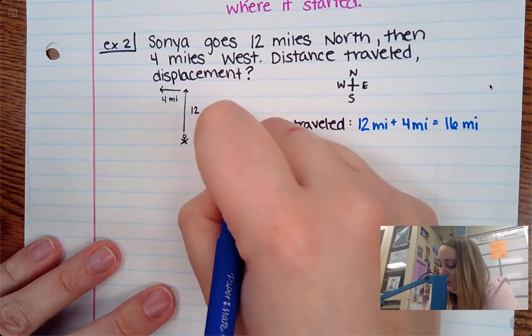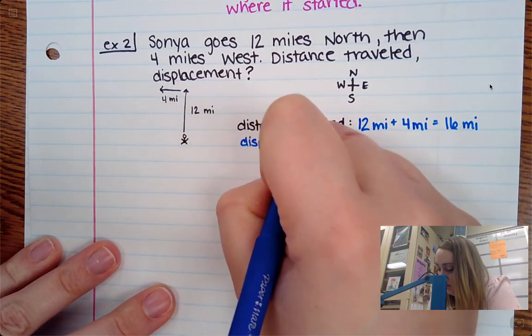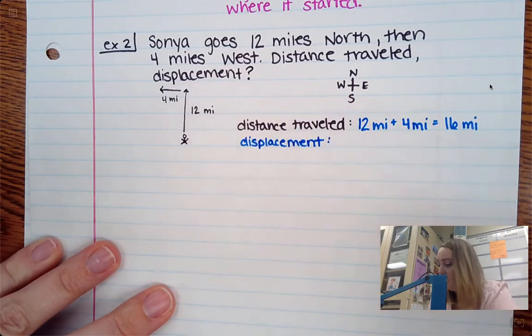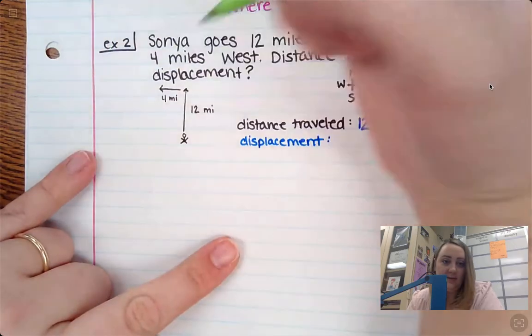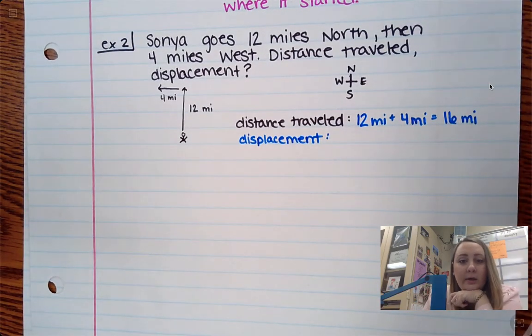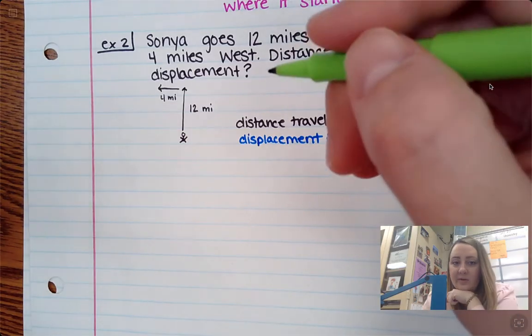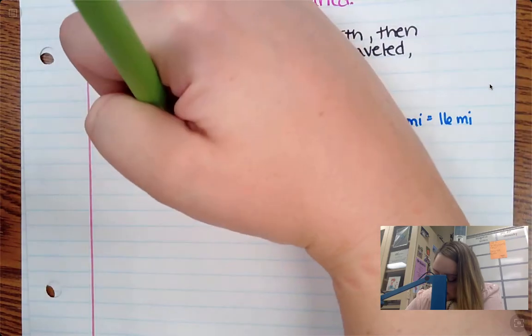But for displacement, we need to figure out this. So we know the shortest way to go from one place to another is a straight line. So she would have taken the shortest path.